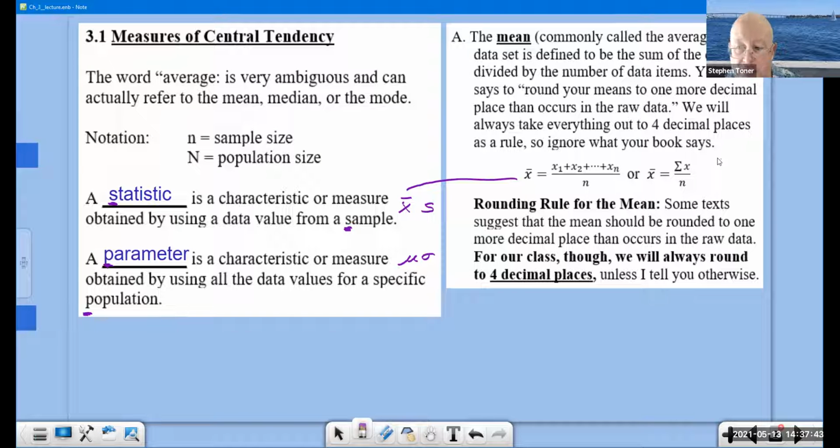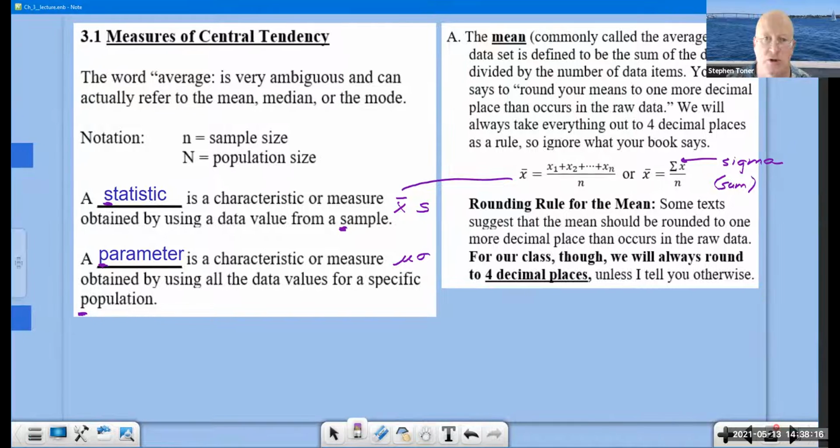This funny little symbol in the numerator is the Greek letter sigma, the capital S, whereas over here, lowercase sigma is the lowercase s. And anytime we have sigma involved in a math equation, it refers to a sum. So it's a shorthand way of saying add up all the data values and divide by n. We've already talked about the rounding rule.